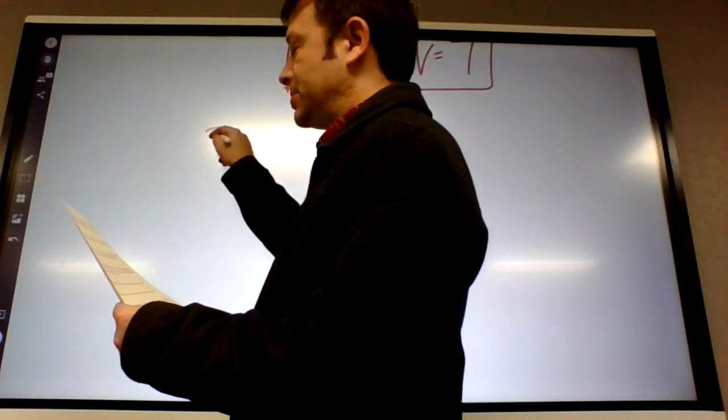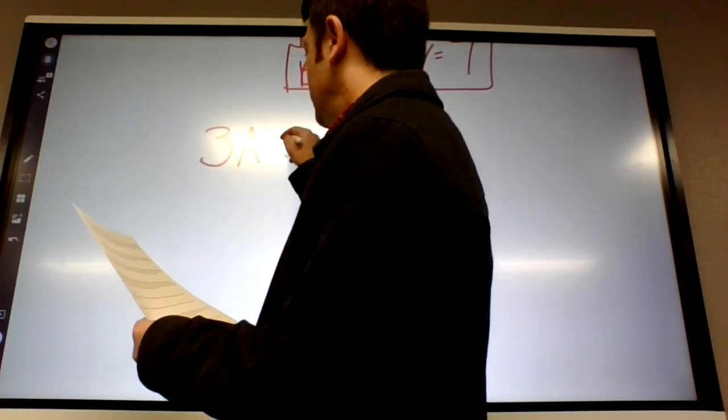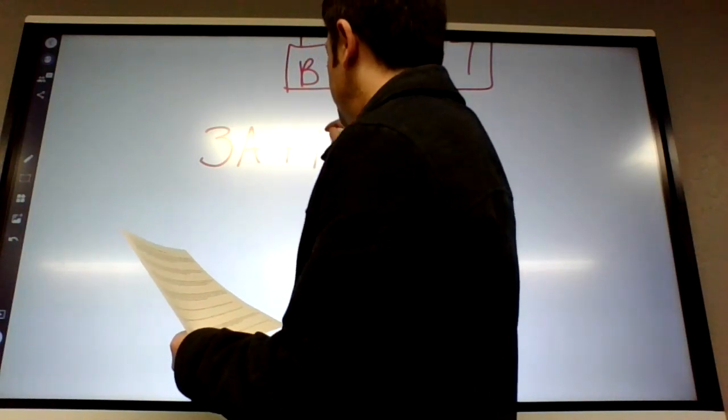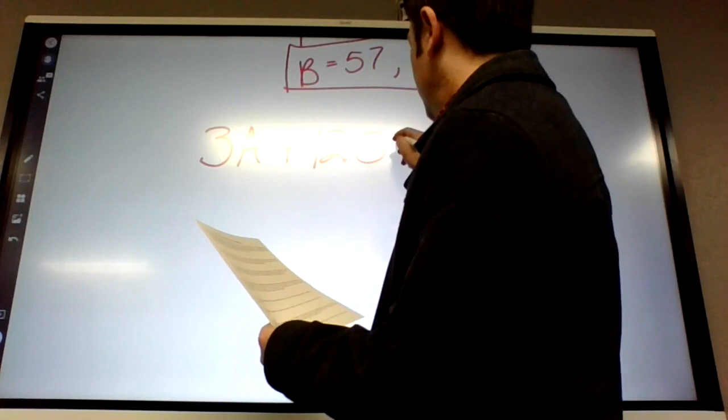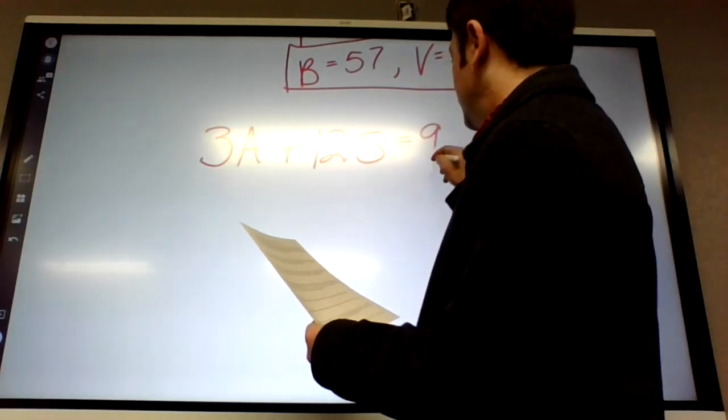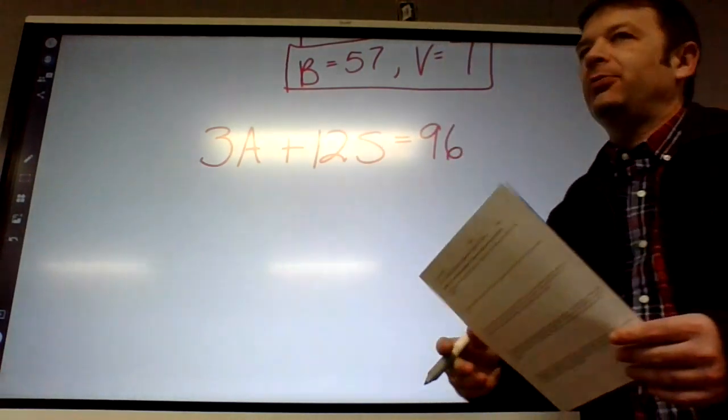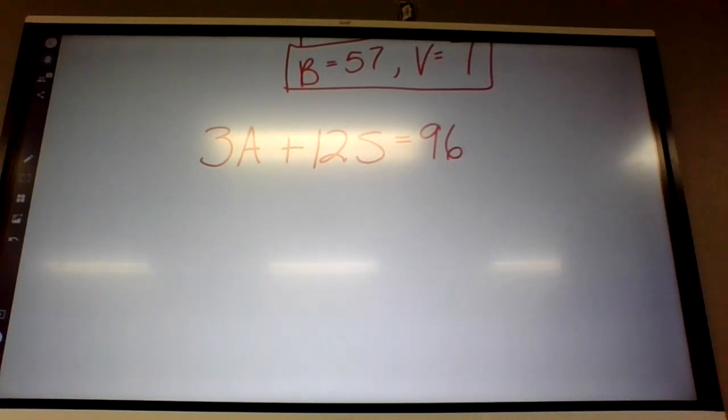3 adults plus 12 student tickets, and they sold a total of $96 worth. Okay, what do A and S stand for? Adult tickets and student tickets. Adult ticket price and student ticket price.